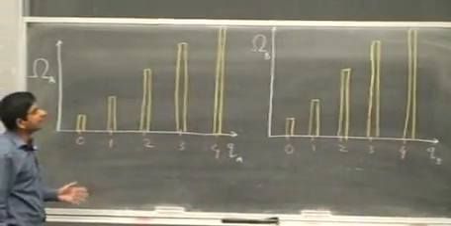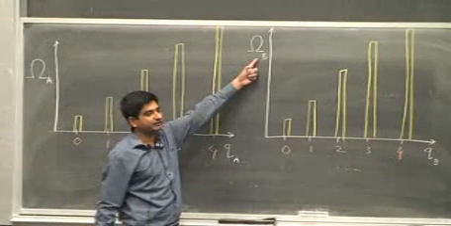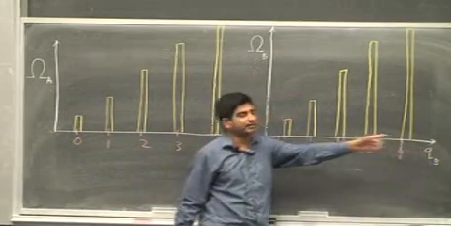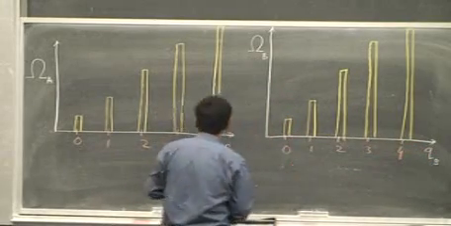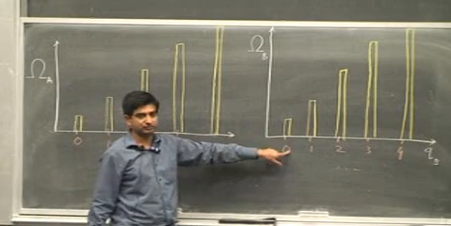So I can also plot omega B versus QA. It doesn't matter. It's just that when QA is 4, QB is 0.